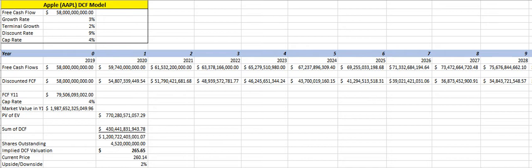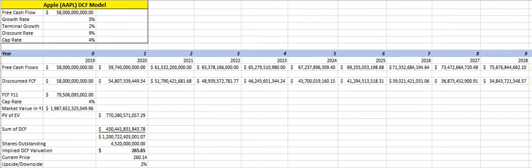So in these models, we want to use a company that has a consistent track record of generating free cash flows. I think this discounted cash flow model does an excellent job of showing an investor or an analyst where a stock is trading at any given time.